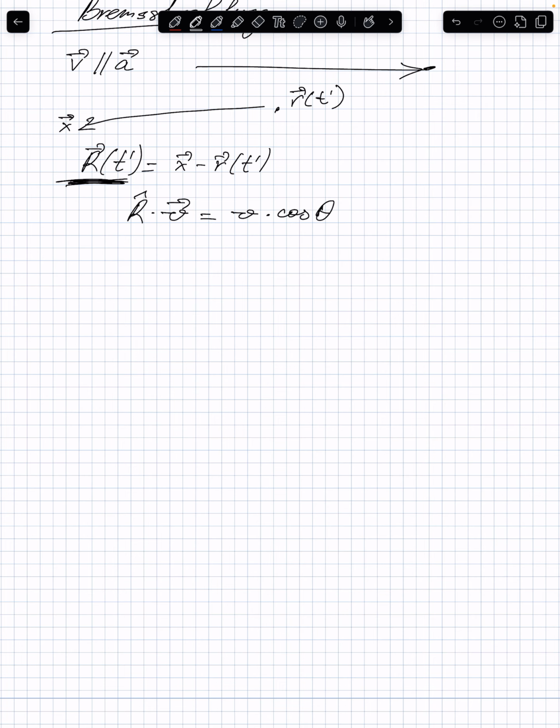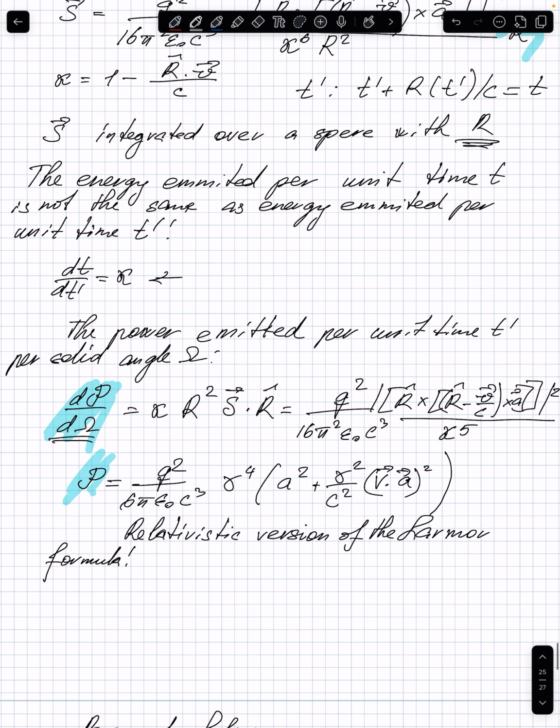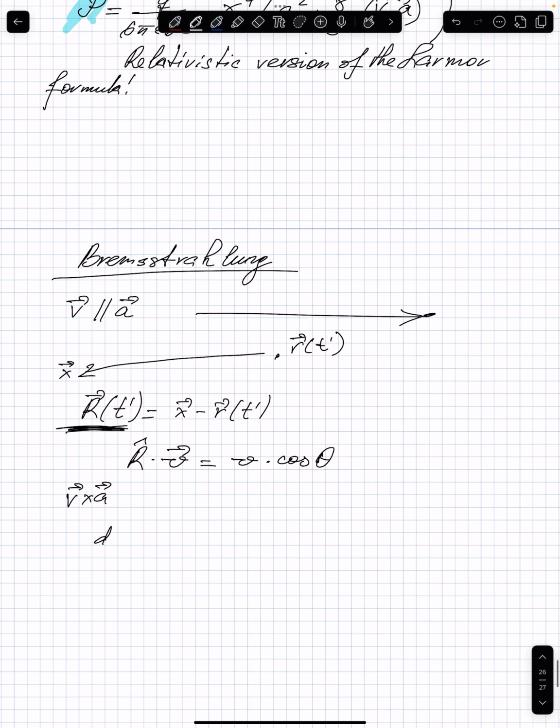Since the term v cross a vanishes in this situation, as we are considering v to be parallel with a, the angular dependence of the radiation becomes pretty simple. We can just write it down, using this fact in this expression over here.